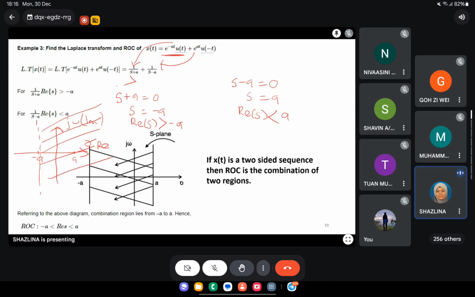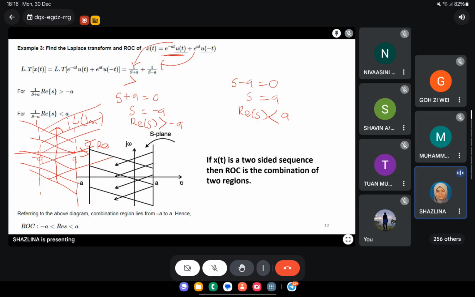For the second term, the ROC is smaller than A. So you draw a line at A. Okay, so this is the ROC for the second one. So for the combination, the ROC here is in between, or the one that is overlapping.